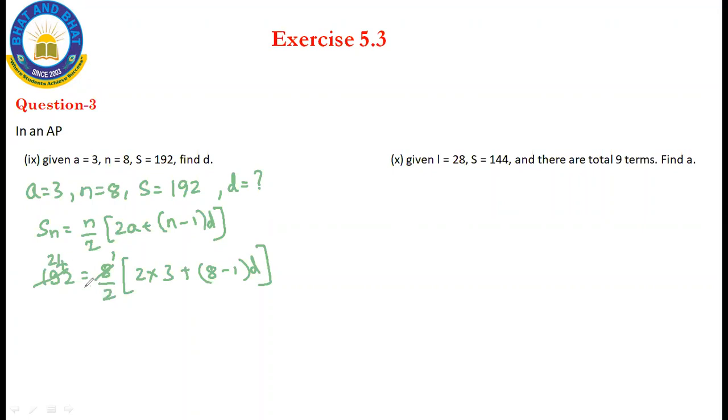If I cross multiply, it becomes 48 is equal to 6 plus 7d. So 42 is equal to 7d, therefore d is equal to 6. Yes, Niharika, Grisha, Vishal, everybody has got it. This I think was the easiest question so far, whatever we have solved.